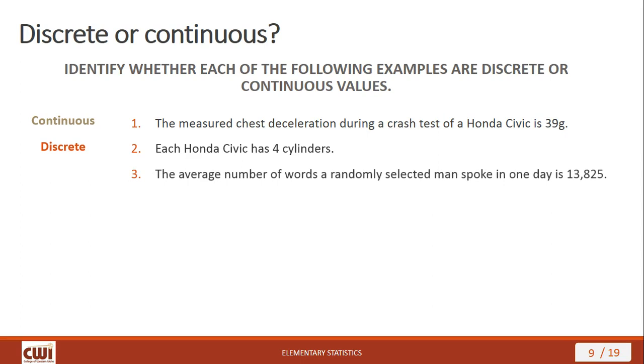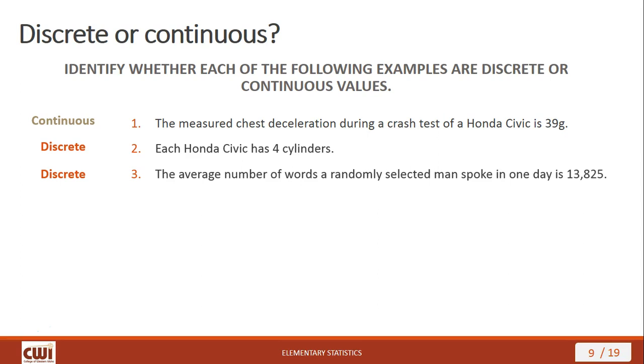The average number of words a randomly selected man spoke in one day is 13,825. Is this discrete or continuous data? Well, again, this is an example of discrete data. I hope that's what you said because that's what this is. You're not going to count a partial word, okay?